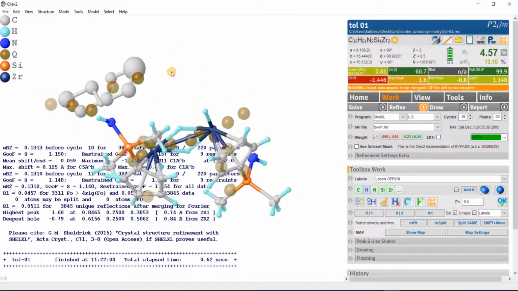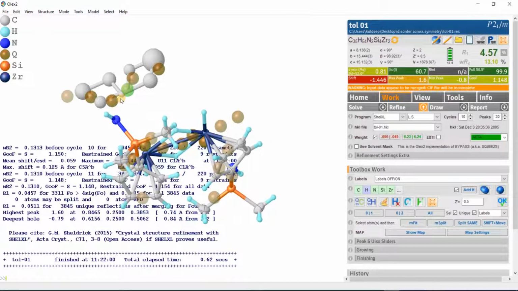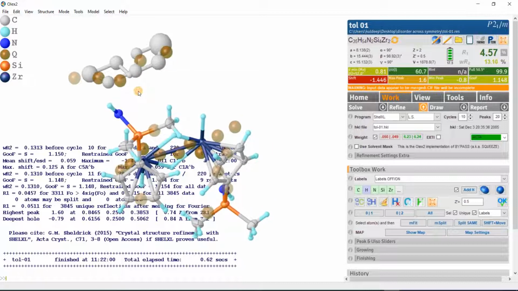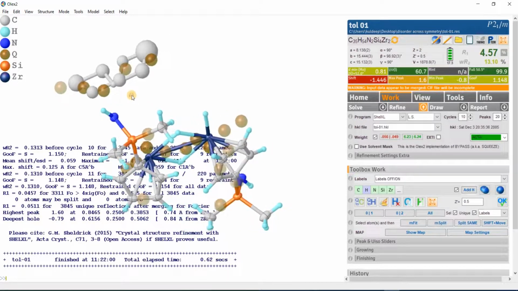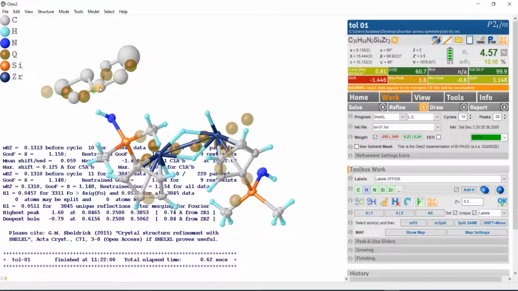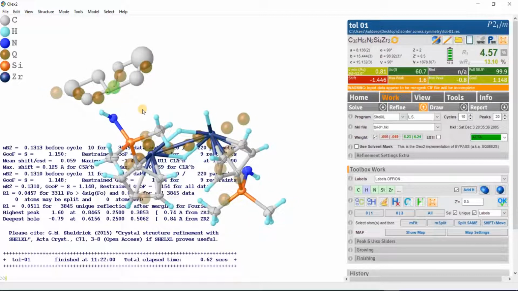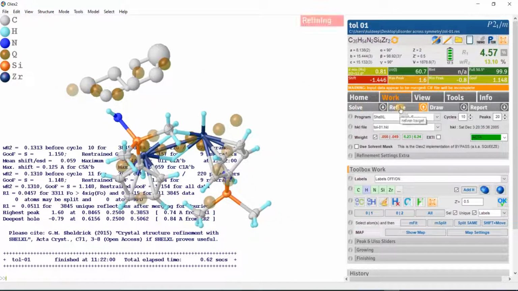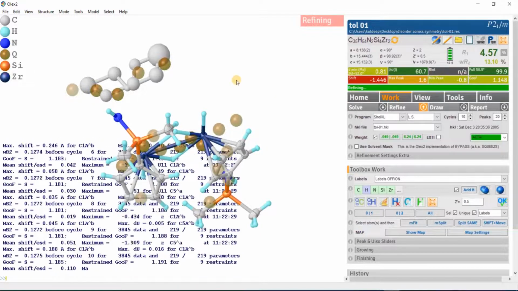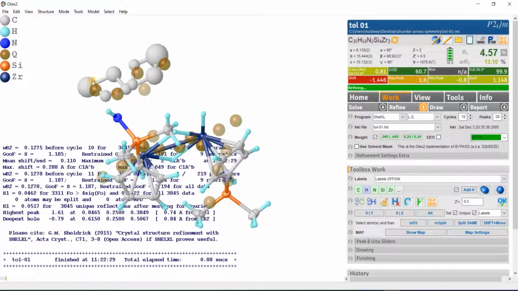So now these two atoms should have the same equal displacement parameter. I select these two atoms and type EADP. I'm going to refine. So okay, these two atoms should have equal displacement parameter for a stable refinement.